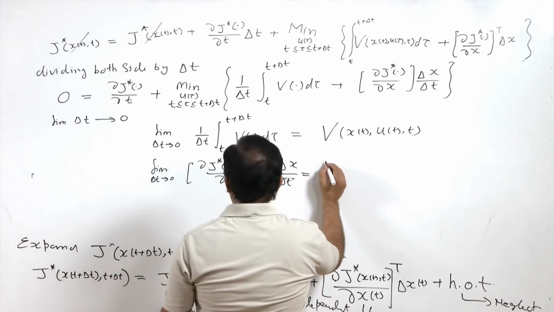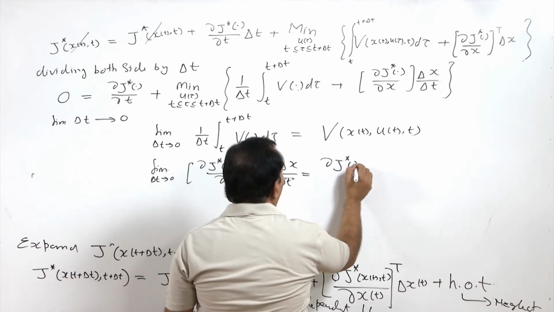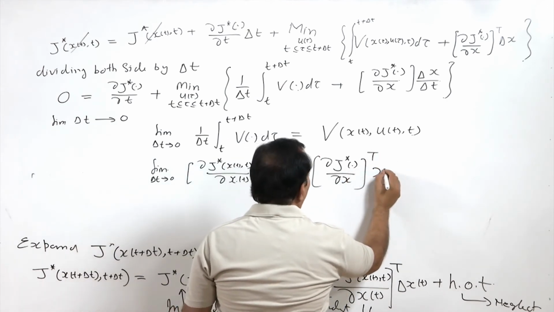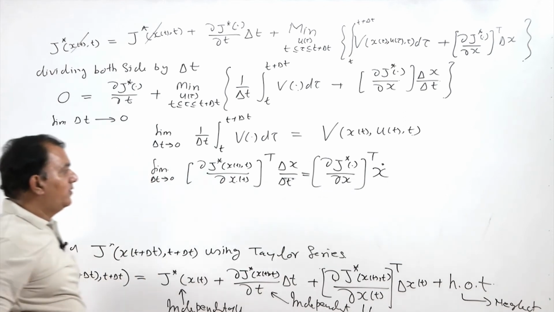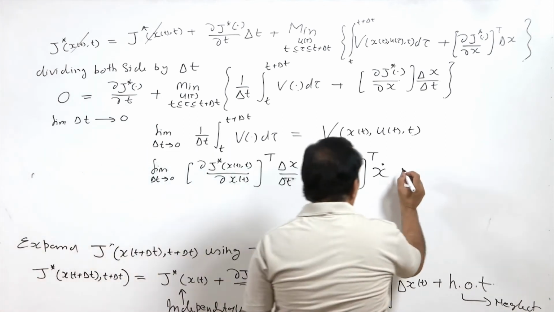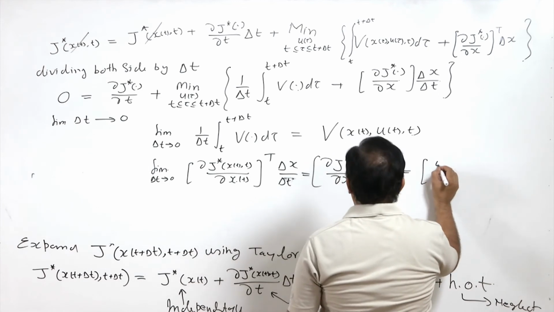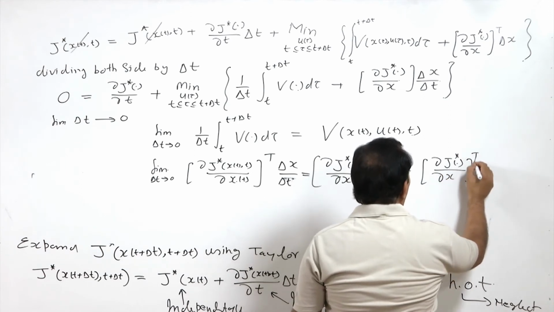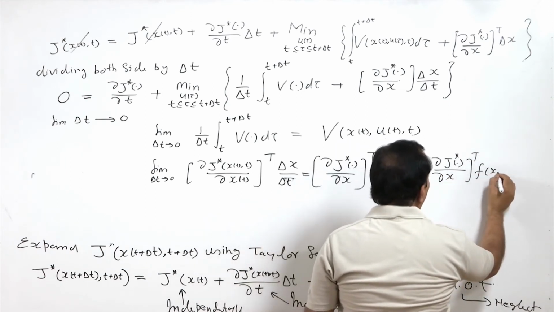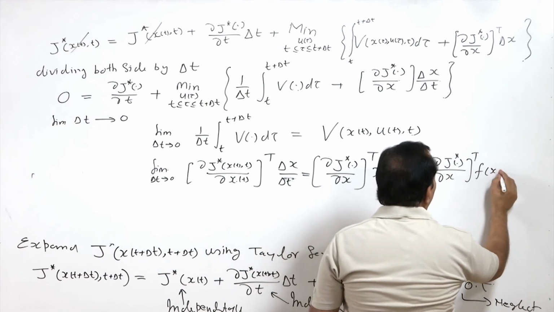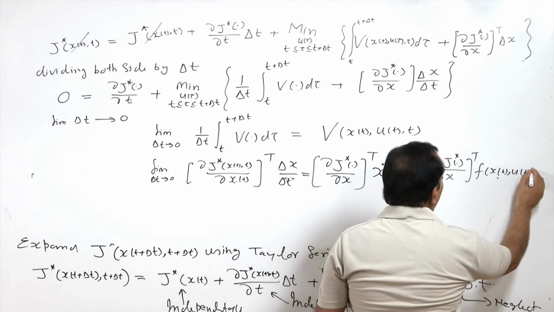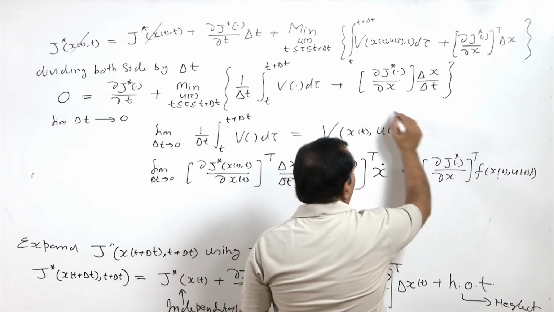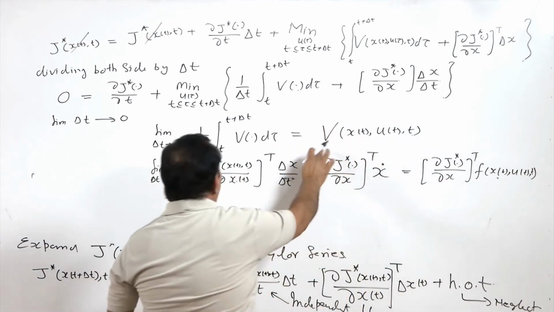So this is nothing but del j star by del x transpose, and x dot, which is dx by dt, is nothing but my f of x, t, u, t.